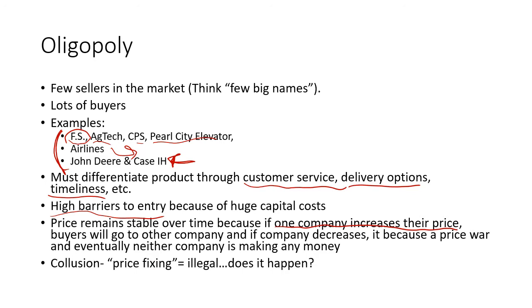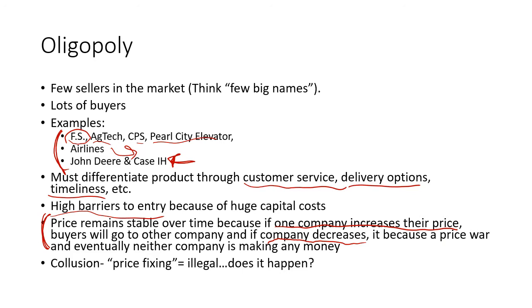And if the company decreases their price, eventually the 2 or 3 companies that are competing against each other will go into a price war where they drop their price, and eventually neither company is making any money. So really, you don't see companies raising or lowering their price too much in an oligopoly market.